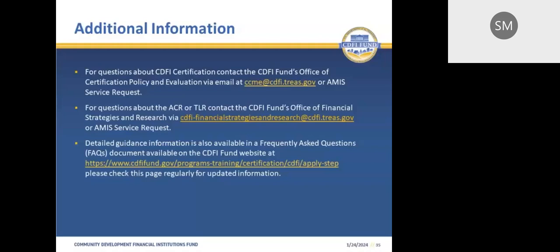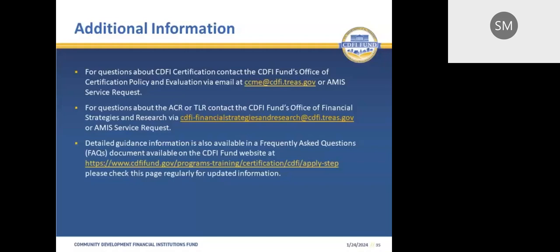Someone asked a question about starting the ACR prior to completing the TLR, and whether the data will transfer over to the ACR while it's open and hasn't been submitted. Right now there is no connection between the ACR and the TLR. The ACR currently does not have any TLR requirement connected to it.